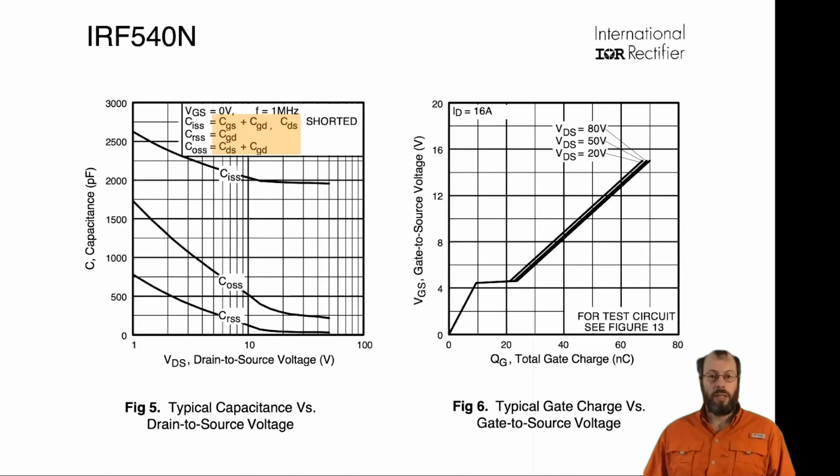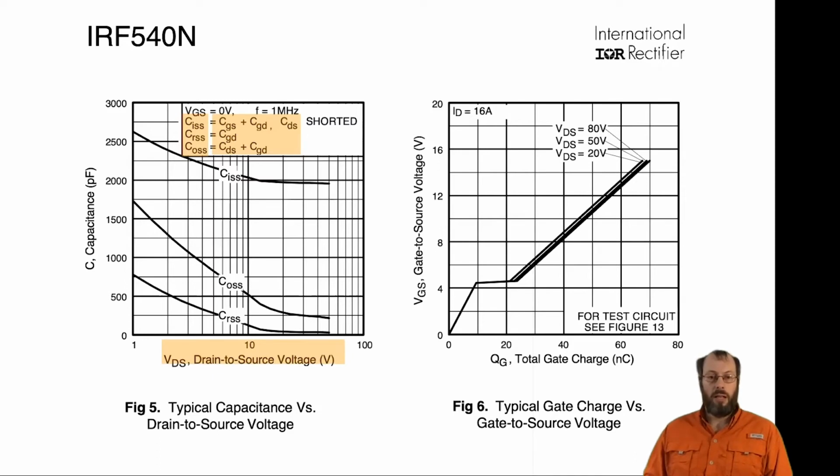Combinations of these three capacitances, according to the equations on this diagram, result in the input capacitance, the reverse capacitance, and the output capacitance of the device, which end up to be highly nonlinear across the drain source voltage.